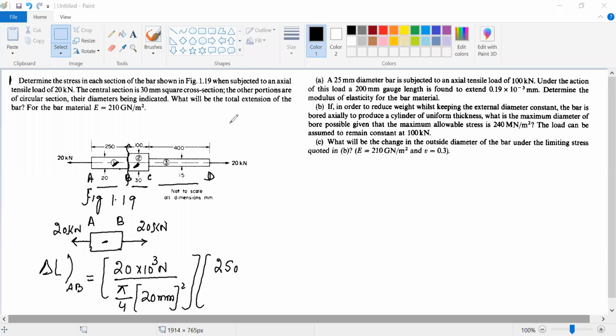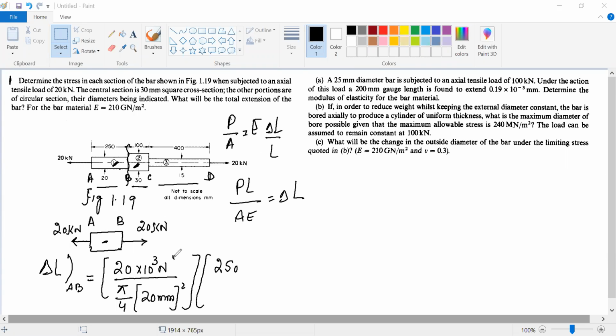because we know P by A is equal to Young's modulus times the change in length divided by the original length. So we can write PL divided by AE as the change in length.